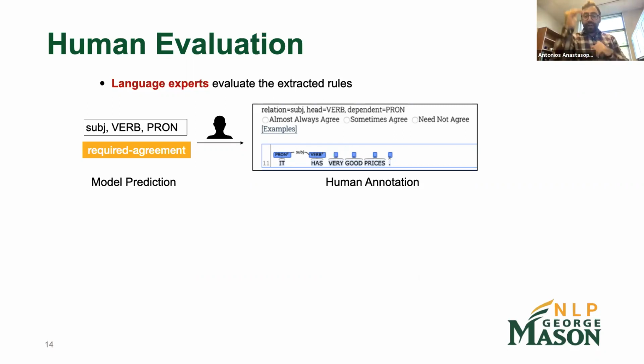Okay, so we show them like 10 examples that follow what our model thinks is a rule, and then as many examples as we can find where the examples seem to not follow what our model thinks is a rule.